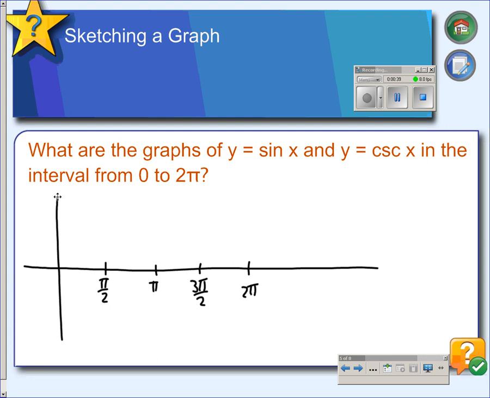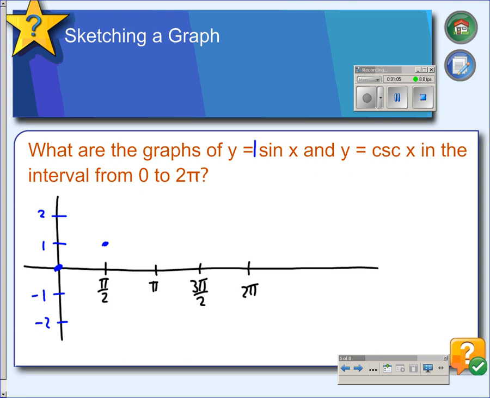Okay, so if we're going to graph the sine function, we know that the sine of 0 is 0, and let's say this is 1 and 2, negative 1, negative 2. So then the sine of pi halves we know is at the amplitude, so that would be at 1 because the a value here is 1.